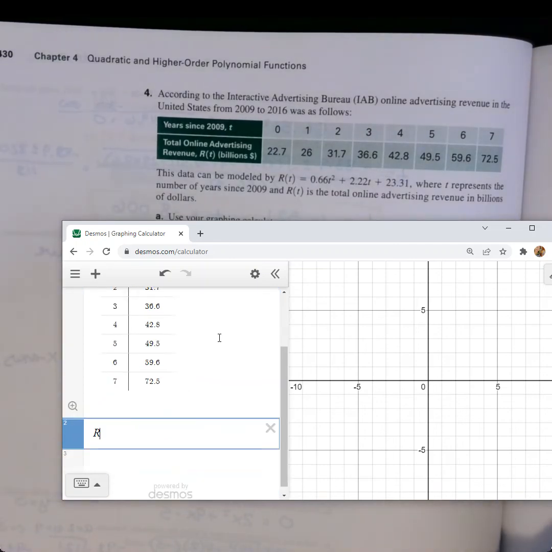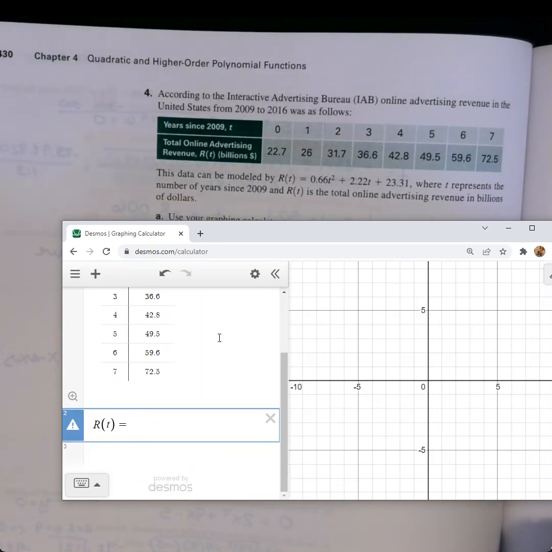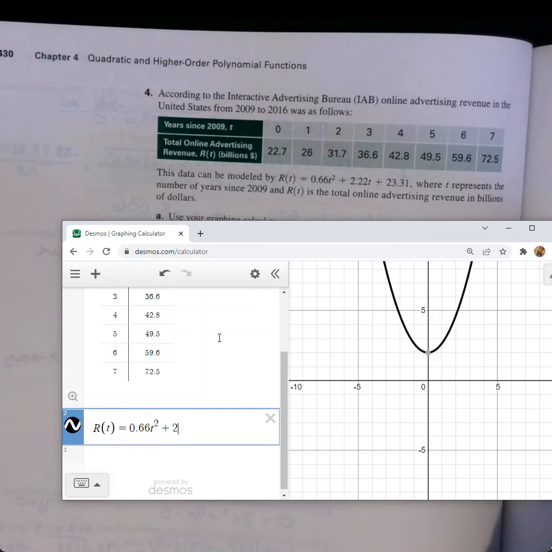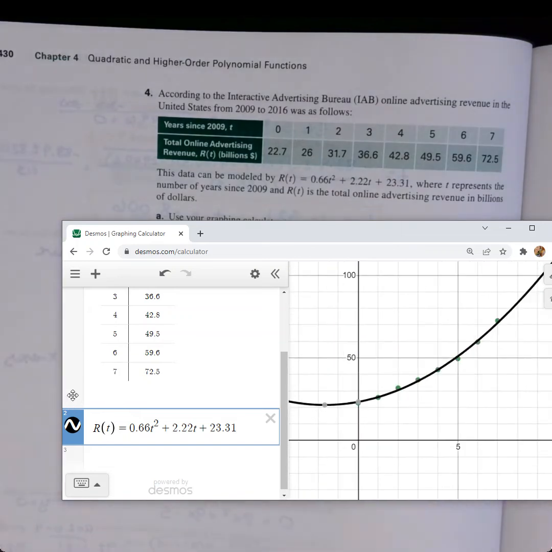They want to see if this equation R of t fits or not. 0.66t squared plus 2.22t plus 23.31. Let's zoom fit on the data. Hey, nice job equation. It's really close. It's following the curvature of the data, so it fits.